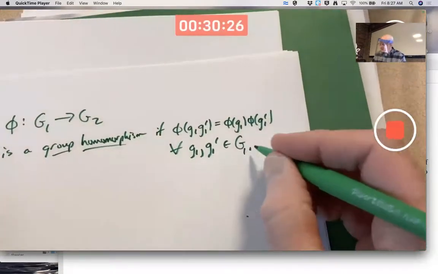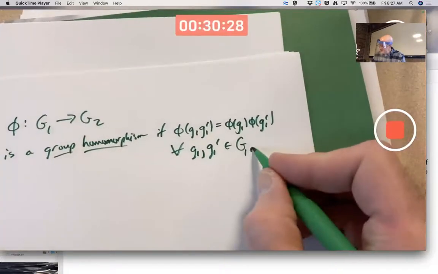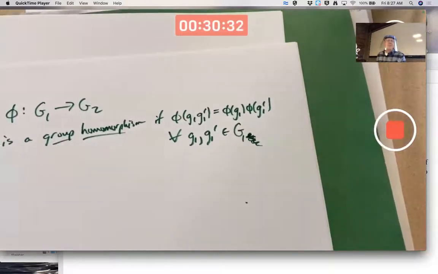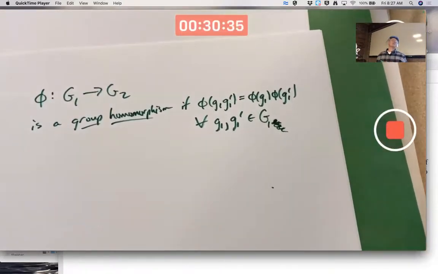Maybe I shouldn't have used subscripts, but oh well. Ignore that scribble. That's the definition. Nothing about phi being onto, nothing about phi being 1-to-1. Of course, phi could be 1-to-1 and onto, and if it is, then the group homomorphism would also be a group isomorphism. So isomorphisms are homomorphisms, but homomorphisms are only isomorphisms if they're also 1-to-1 and onto.